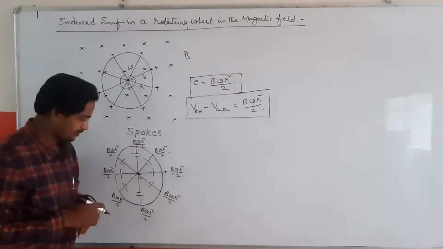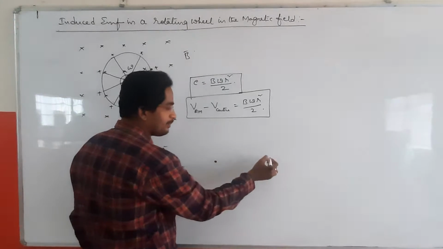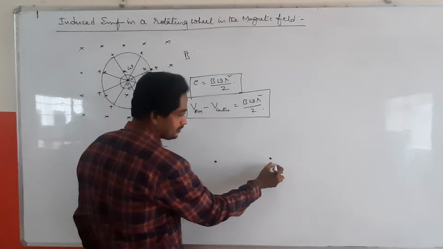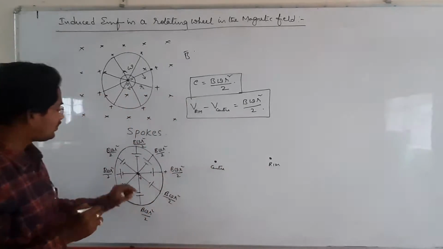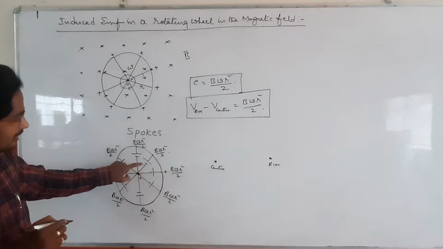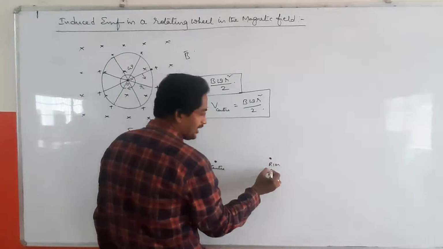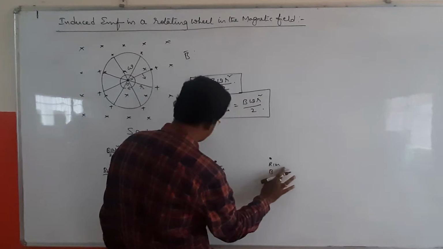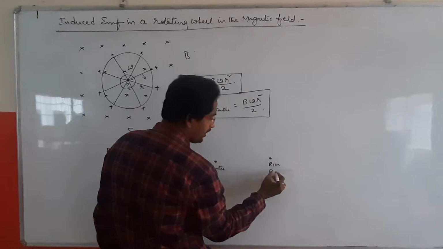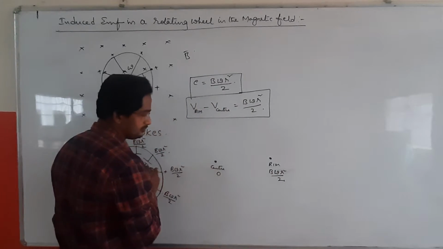Such that if you take these two points, the center and a ring point, see here, what is its cell? This cell is in between 0 and B omega R square by 2. Here the potential is B omega R square by 2, here the potential is 0.